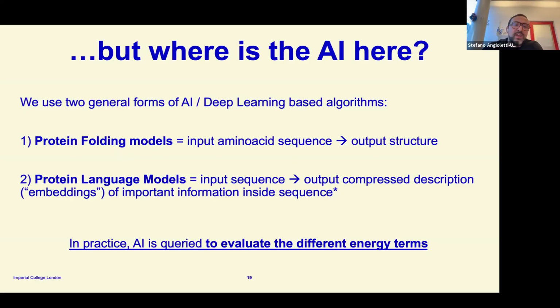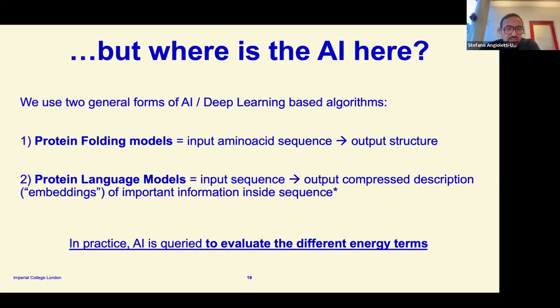Because it's a compressed description of the protein, we can put a very simple machine learning model, even a linear regression model, on top of the protein language model, and still extract very useful and very accurate information from its output.